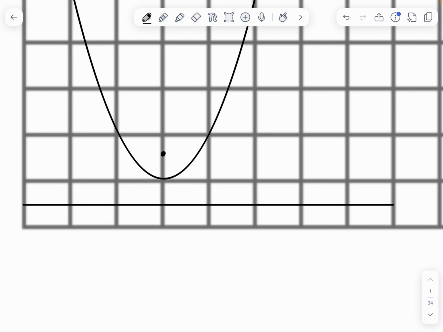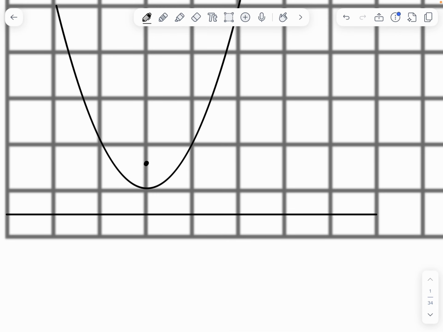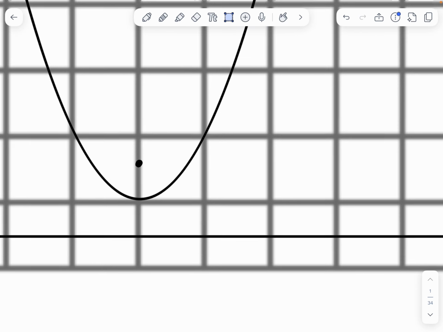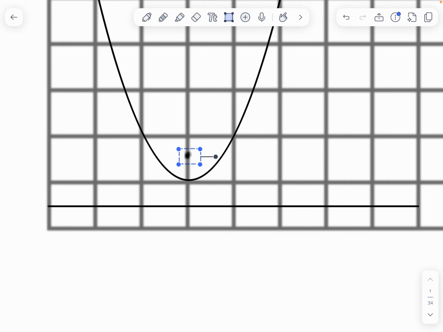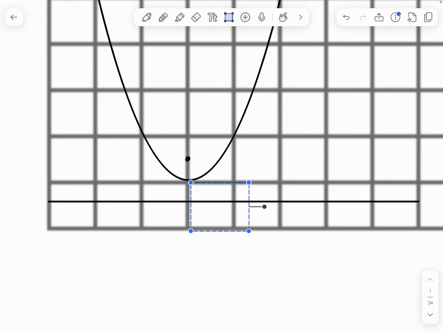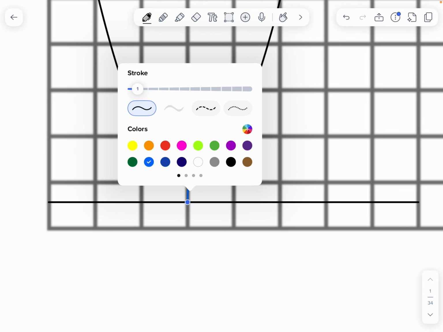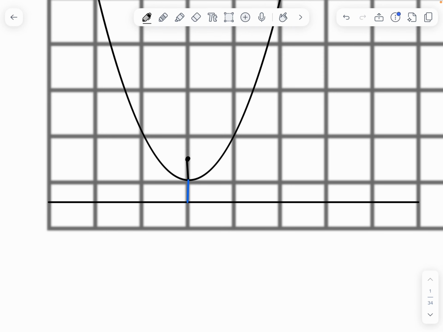So what this basically says is, hang on, I need to make this more half. What this basically says is the distance from the vertex to the focus and the focus to the directrix will always be the same.